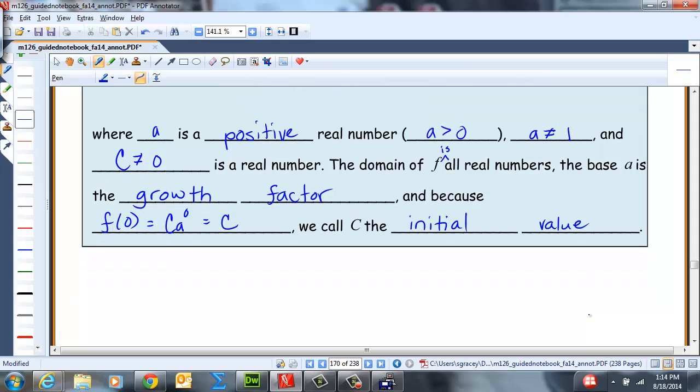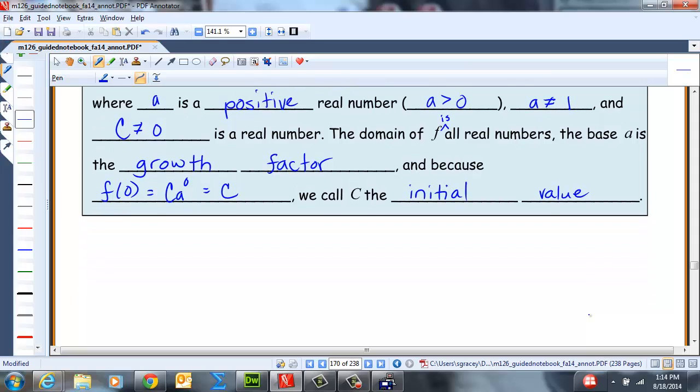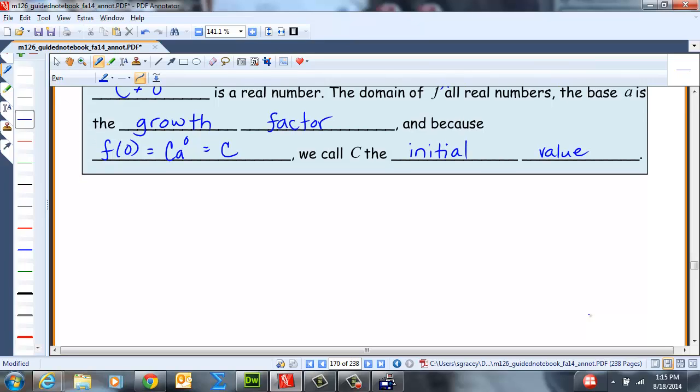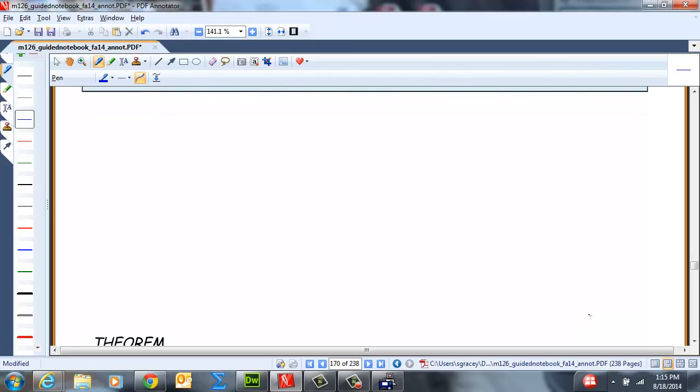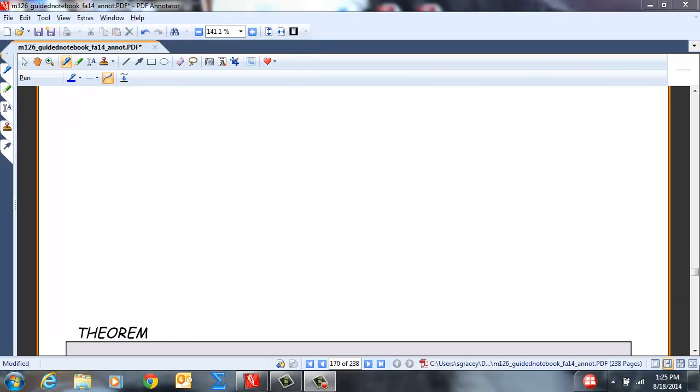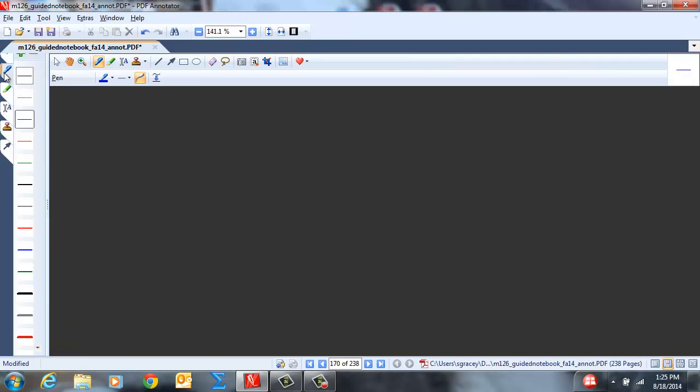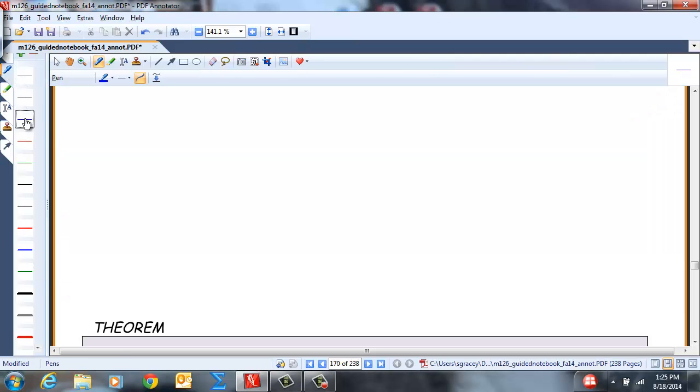Okay, so let's check out what we have here. Suppose we have f at x is equal to 1/2 raised to the x.